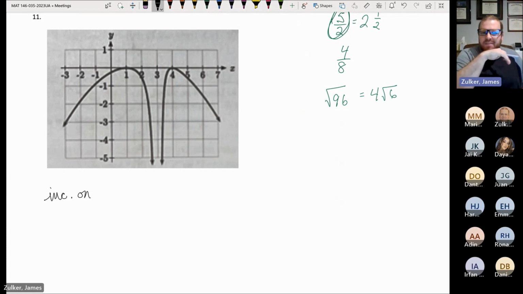So increasing, we have negative infinity to 1. Is there anywhere else it's increasing? What do you think the start point is?